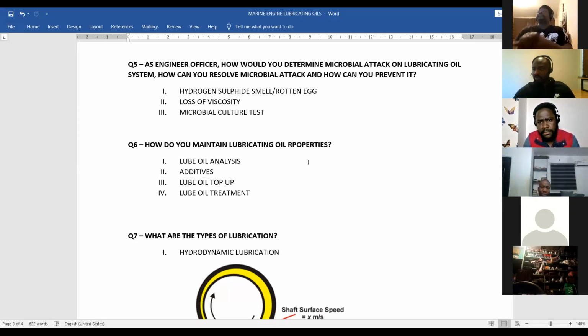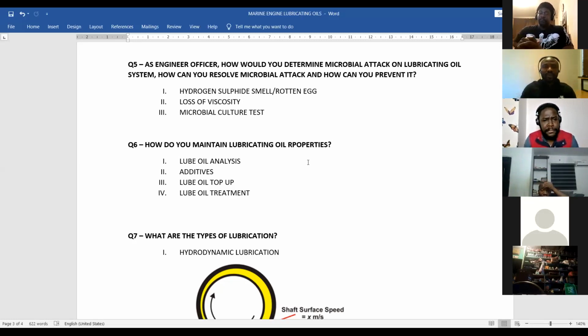And most times when you carry out tests, they will show it. We also have equipment which we use in taking the culture test to see how microbial attack has affected our lube oil.